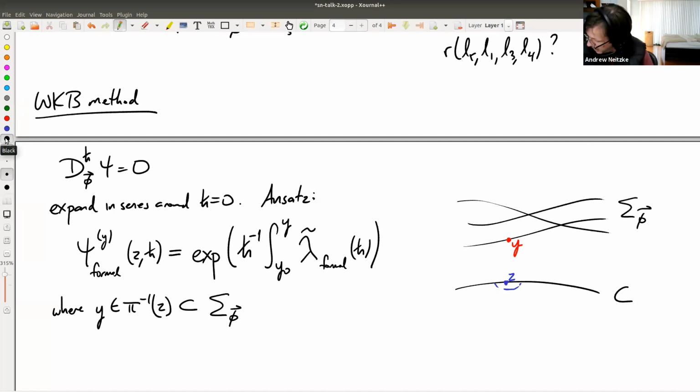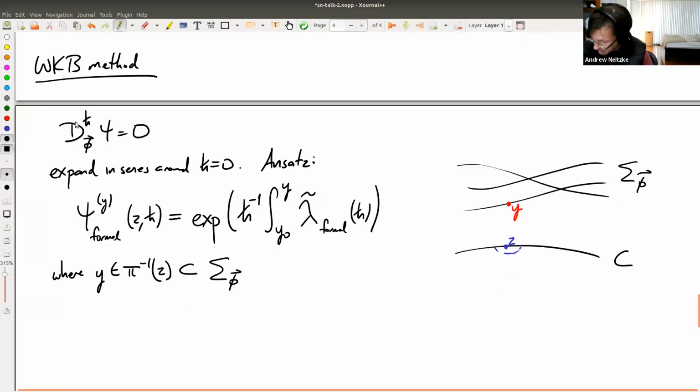Now, does this method have a chance of working? Well, we've got to say a little more about what this formal series is supposed to be. So this lambda twiddle formal of Hbar is going to be a holomorphic one form on sigma phi, written as a power series in Hbar.